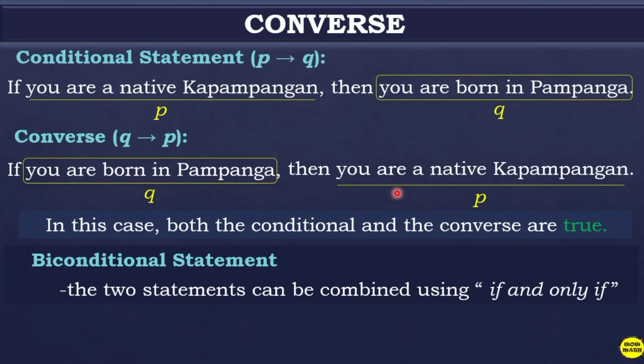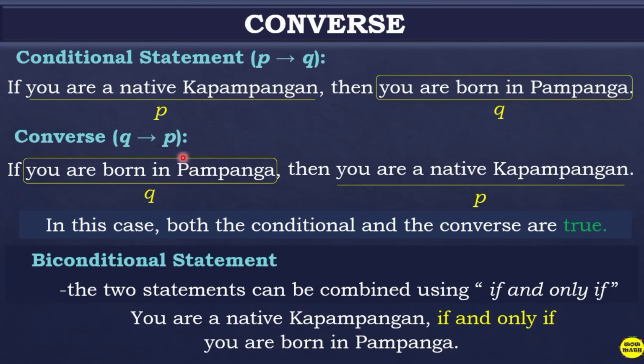So, gawin natin. You are a native Kapampangan if and only if you are born in Pampanga. So, this is already a biconditional statement. So, you can only rewrite the given conditional statement as biconditional statement if its converse and conditional are both true. So, pwede kang gumamit ng if and only if.